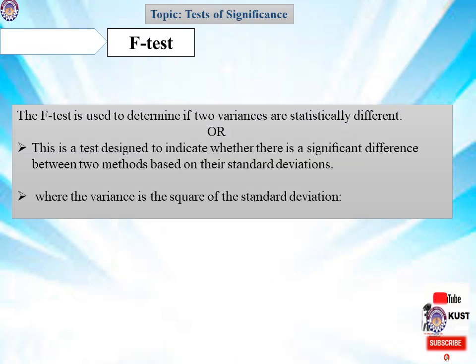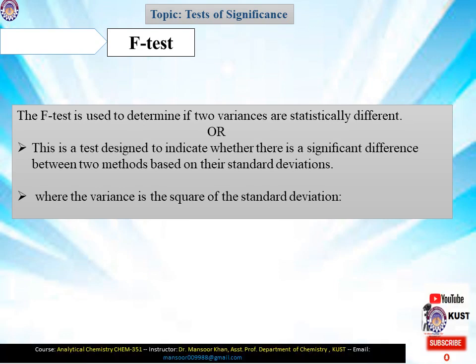Now the first test of significance is the F-test. The F-test is used to determine if the two variances are statistically different. So in the F-test we compare the variance of the accepted method and the newly developed method.